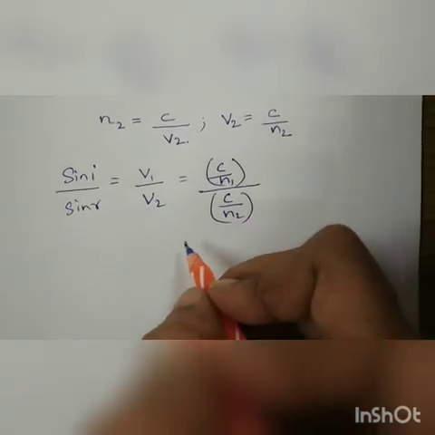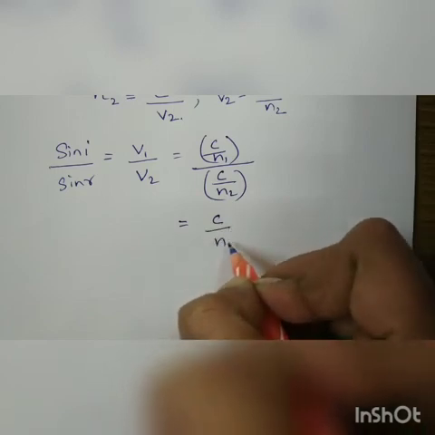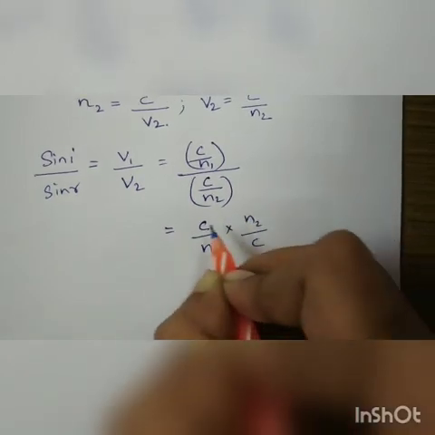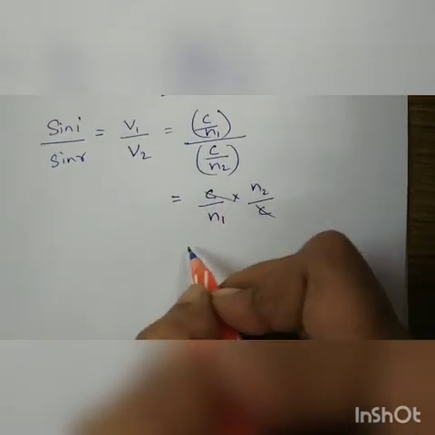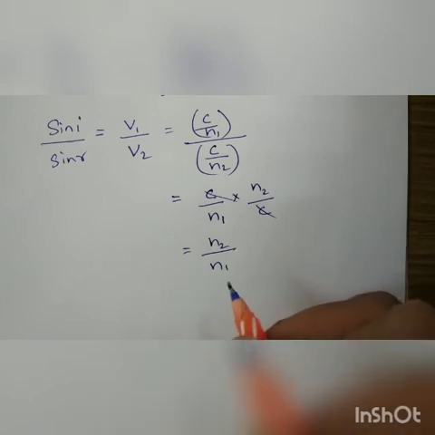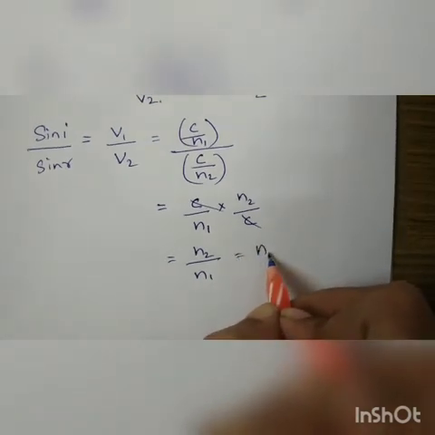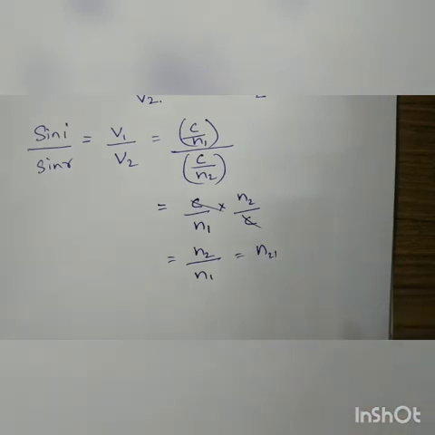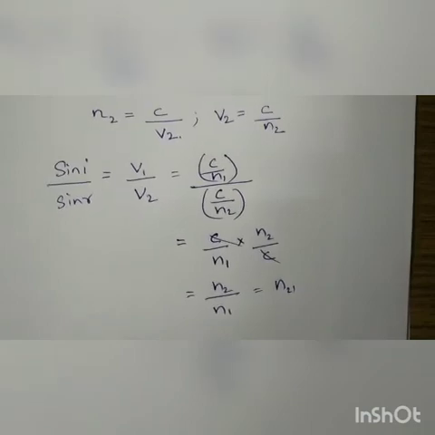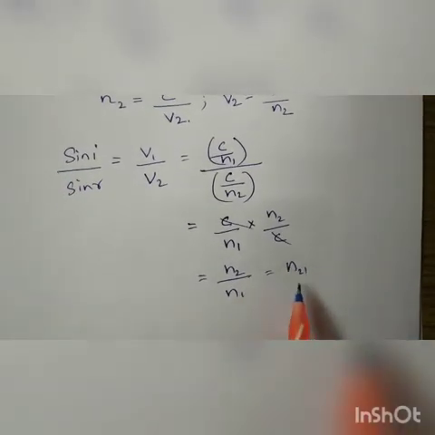Let us take the reciprocal and multiply: c by n1 into n2 by c. c and c get cancelled. What is remaining? n2 by n1. We have already studied that n2 by n1 is equal to n21, the refractive index of the second medium with respect to the first medium. So we have proved that sin i by sin r is equal to n21.